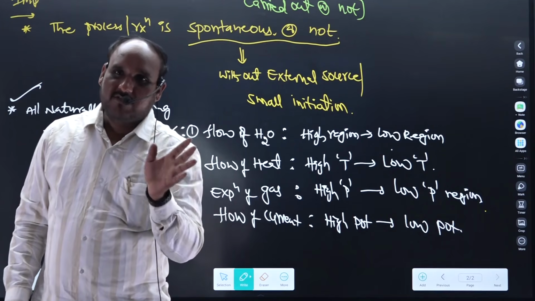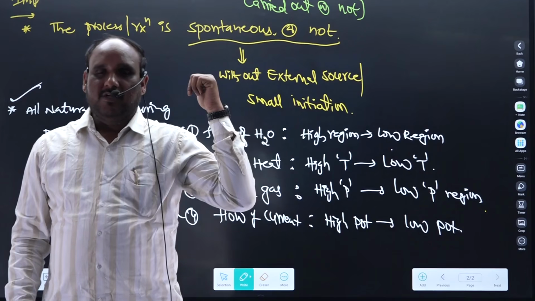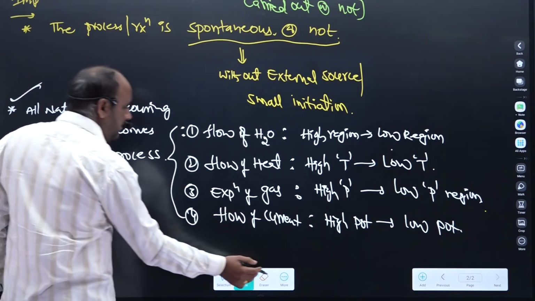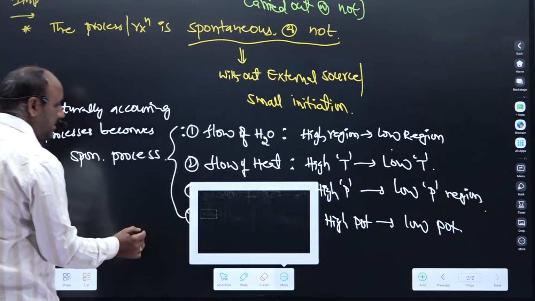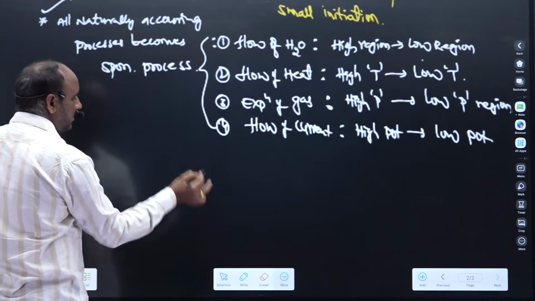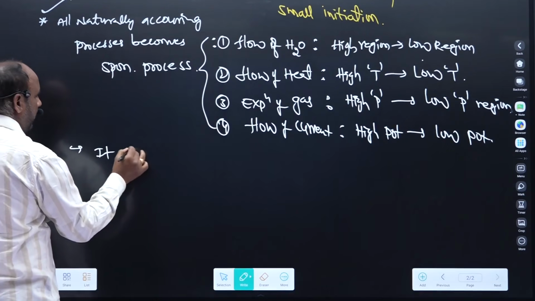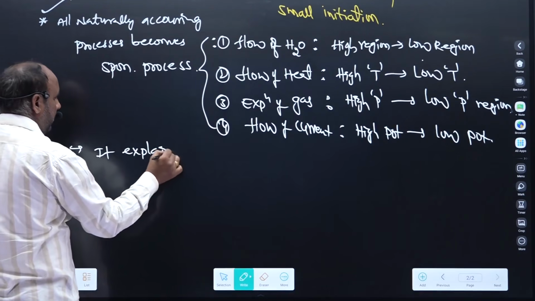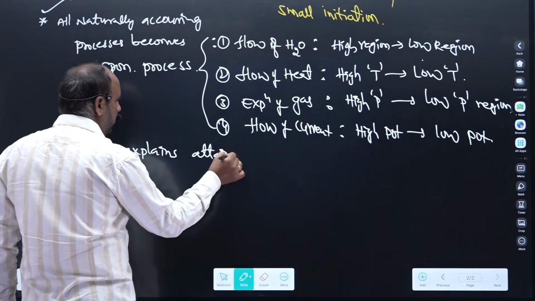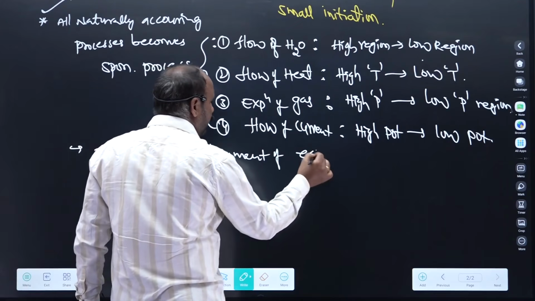How are they transferred, what process is involved? That is thermodynamics, which also explains the attainment of equilibrium. So write the next point: it explains the attainment of equilibrium condition.